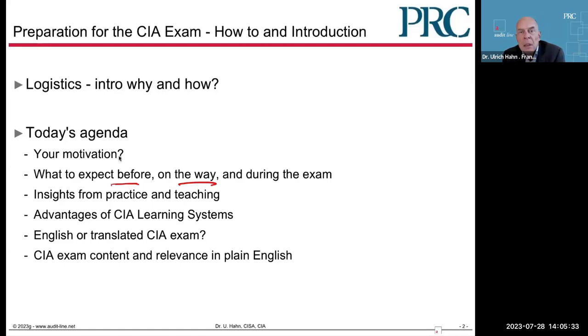Some people spend a lot of time on that, or they do it over a long time frame, maybe sometimes a year or so, I have seen. And other people want to push it through, so they spend maybe only a month or 6 weeks to prepare, depending also on your experience and on the time and flexibility you have. In the exam, there are some things which could be interesting to know. I would also say a little bit about that.